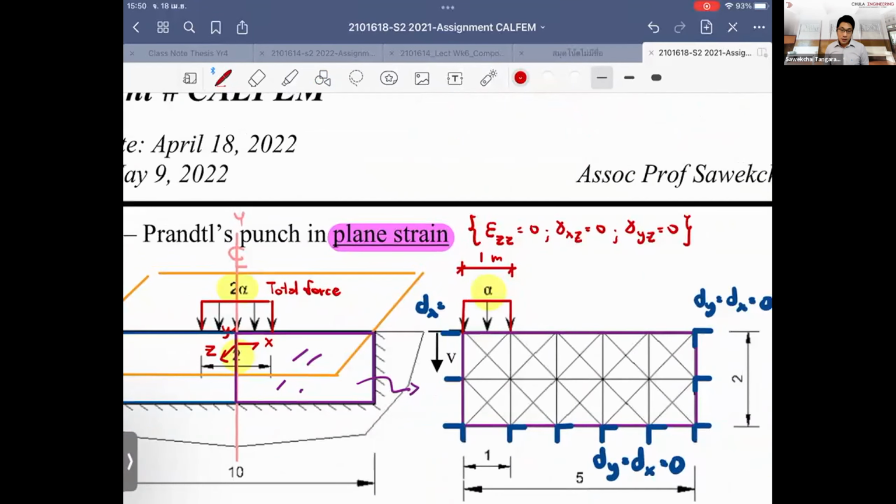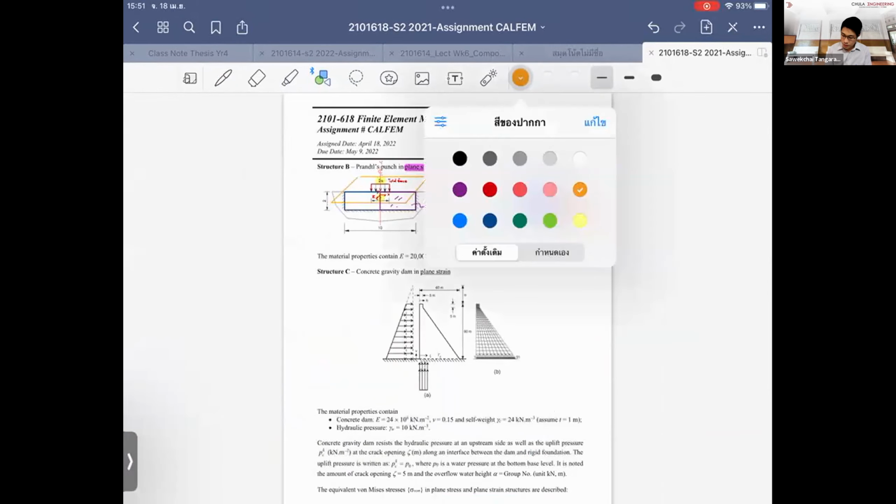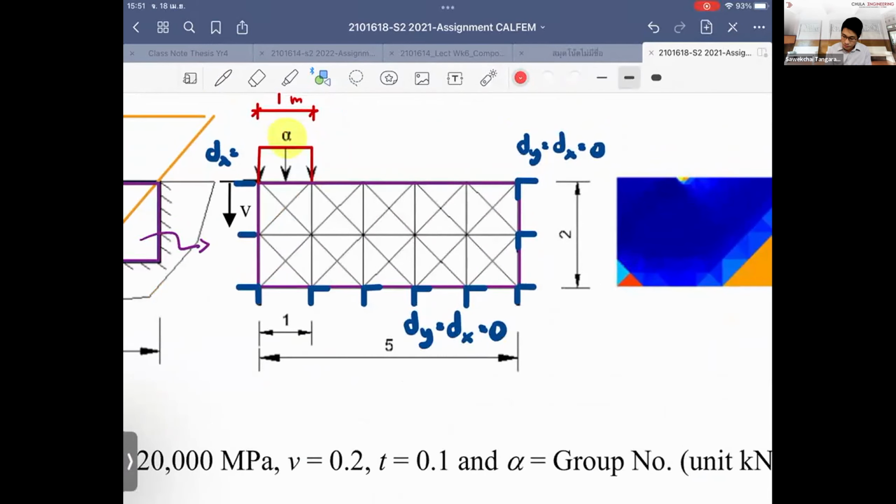The length of this depends on how you want to discretize the problem. And once again, we use the same rules. You first allocate the nodes, simply deciding how many nodes you want here.